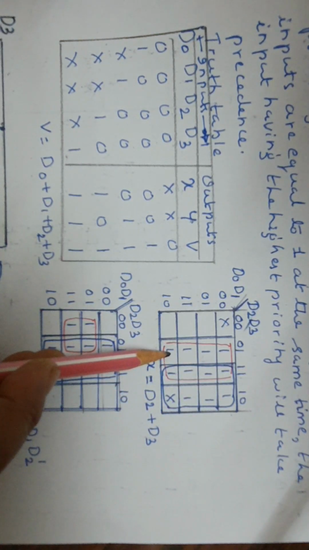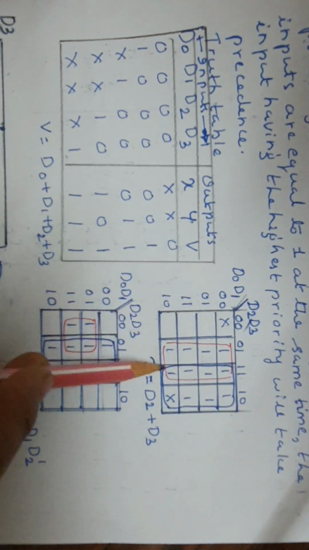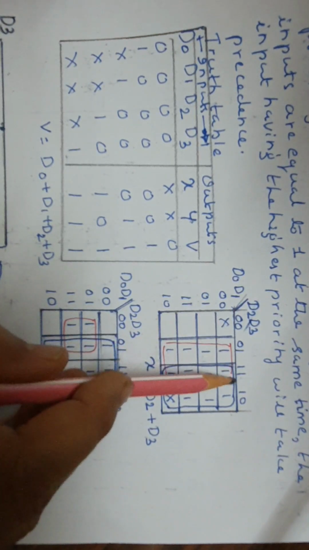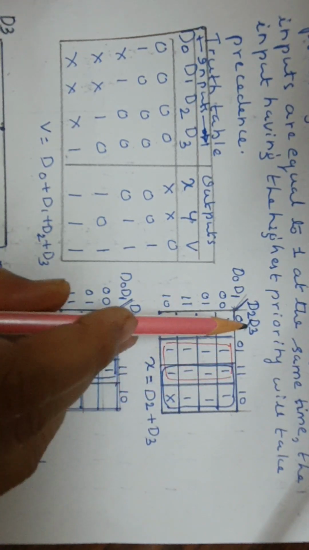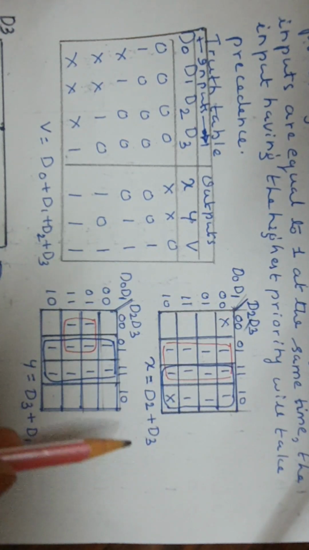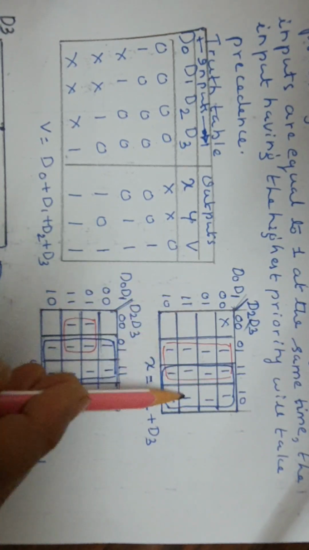For the first octet, if you take these 8 ones covered in 4 rows, row wise nothing is common. Column wise this is 0 1 1 1, so this 1 is common, that corresponds to D3, which we have written here. Similarly for the second octet, they also fall in 4 rows.